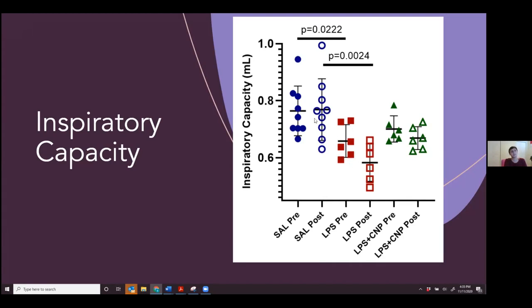You can see that before ventilation, they have quite a reduced inspiratory capacity compared to the controls. And then it gets worse when you mechanically ventilate them. After 3 hours of ventilation, it gets even lower. And these green triangles are the mice that are injured and then treated with the drug. You can see that they are not statistically different from the control mice before or after mechanical ventilation. So that makes us happy.